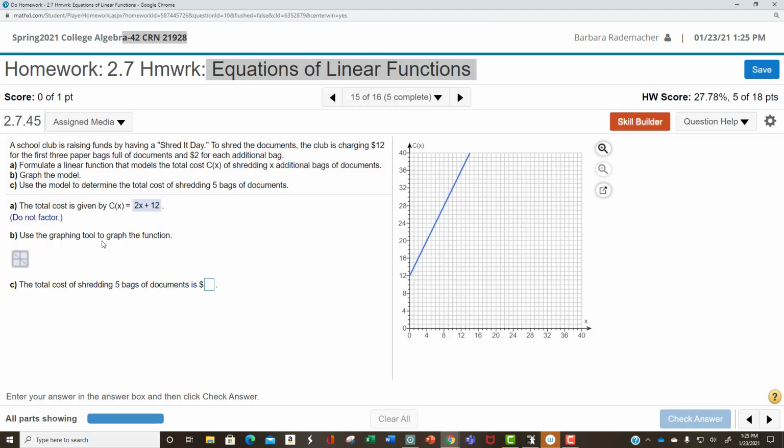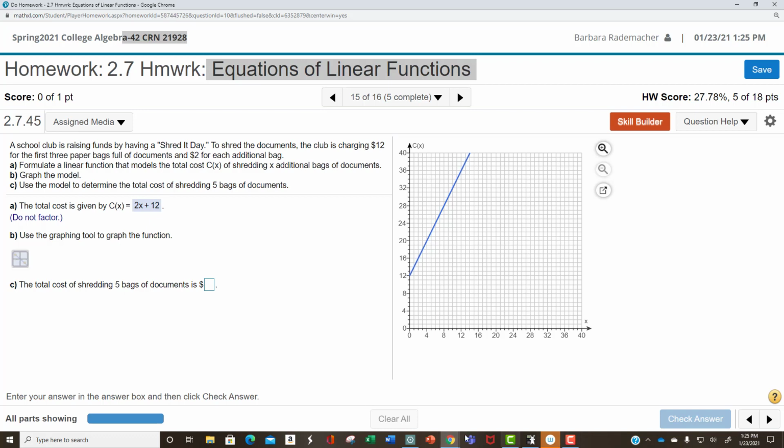Now, use the graphing tool. Oh, I did that. The total cost of shredding 5 bags is... x does not equal 5. x equals this number of bags minus the first 3.